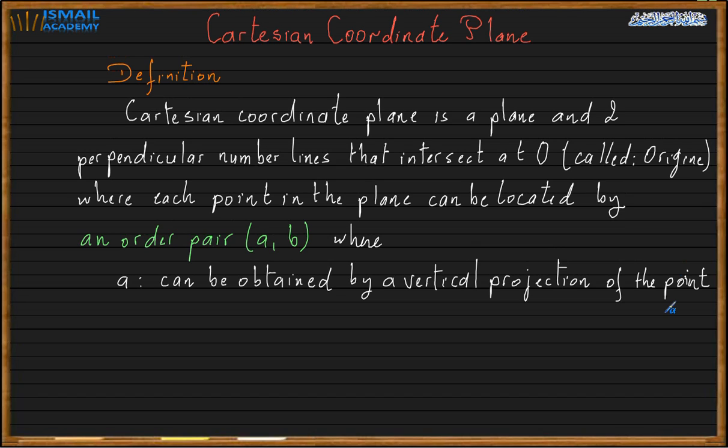And this is why it's called the x coordinate. So A is called the x coordinate of the point (A, B).